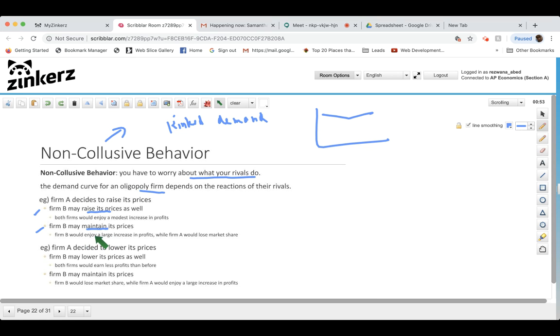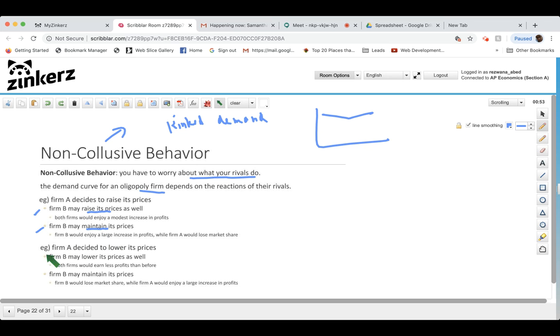So farm B, if they maintain their old price, which is lower than farm A's current price, would enjoy a large increase in profits, because they would be able to sell more. But farm A would lose market share, because some of their customers are now going to shop with farm B, which has a lower price.